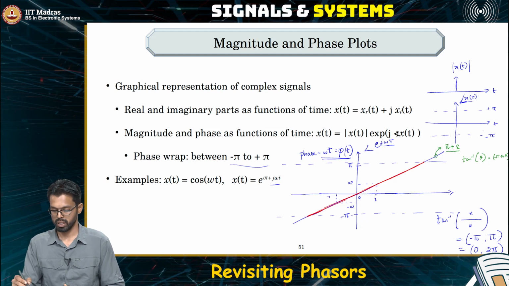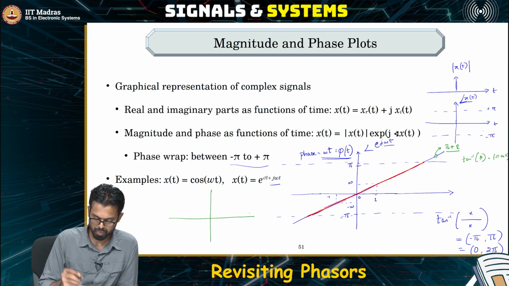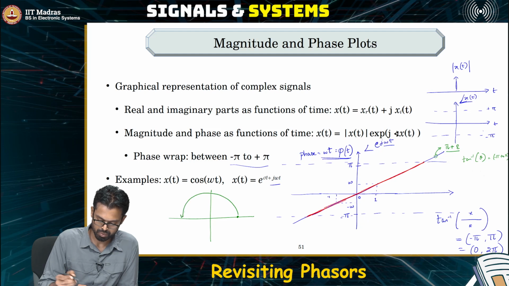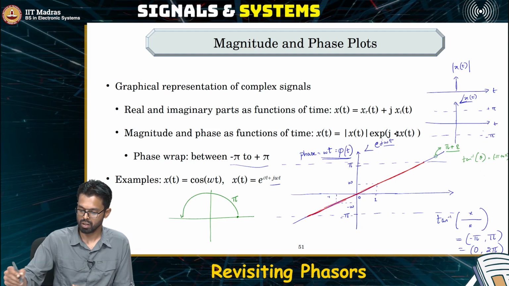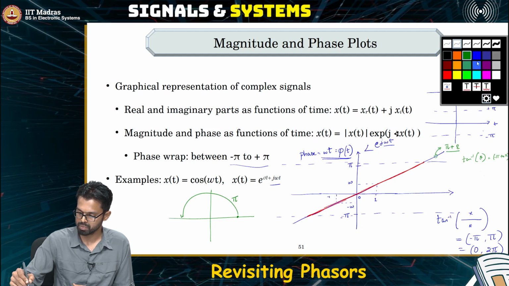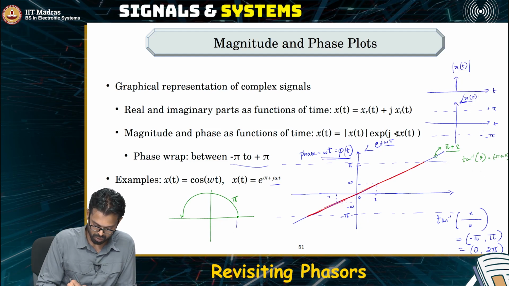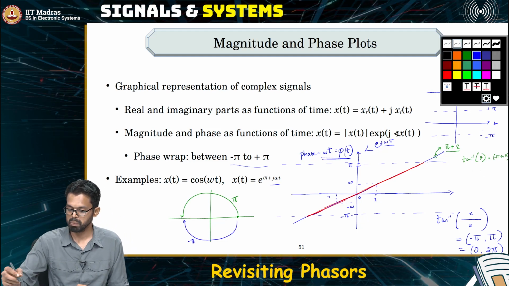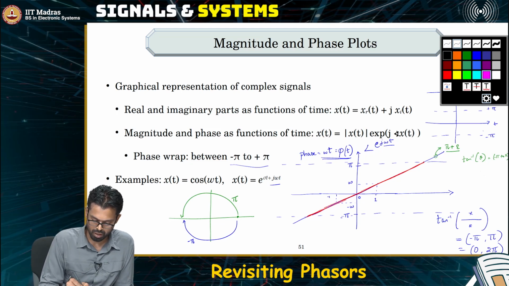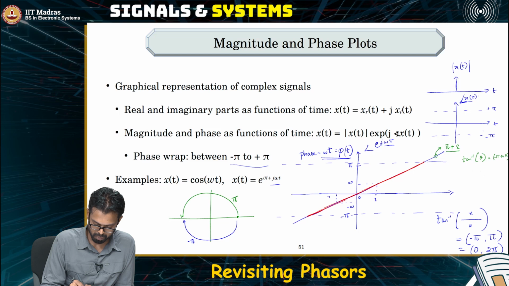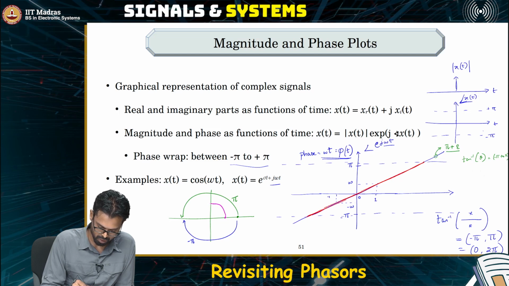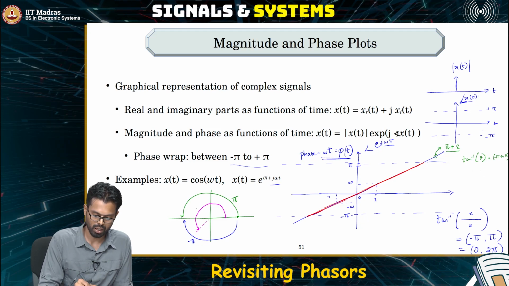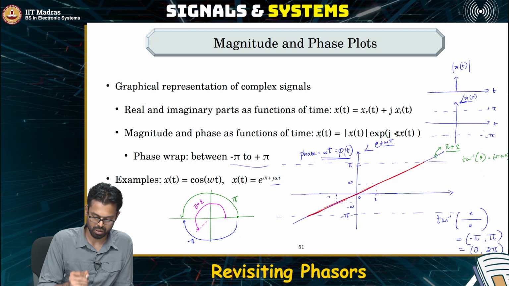So it will wrap around, meaning you start from this point, from here to here the angle is pi, and from here to here the angle is minus pi. So what is pi plus epsilon? Pi plus epsilon is something you start from here and go here.